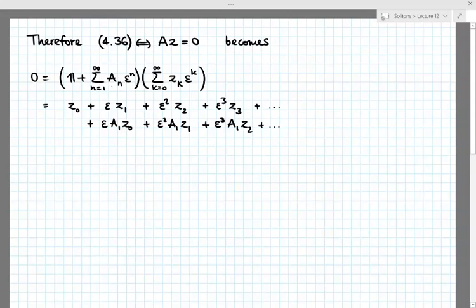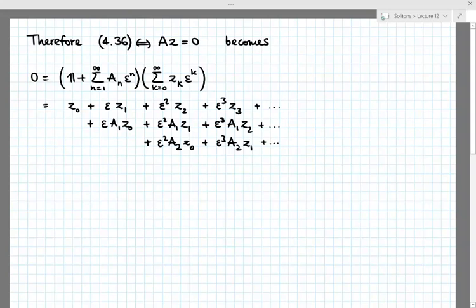So next I can act with A2 epsilon squared on Z. So I'll get plus epsilon squared A2 acting on Z naught plus epsilon cubed A2 acting on Z1 plus higher orders in epsilon.